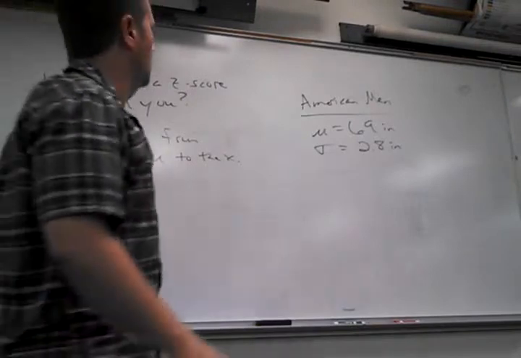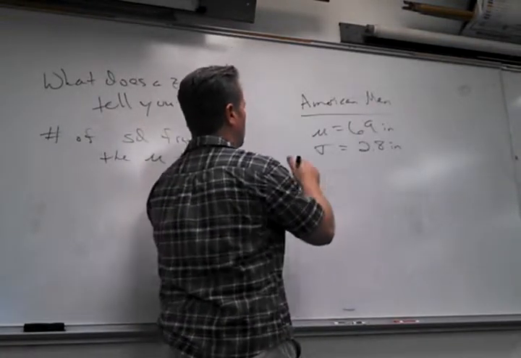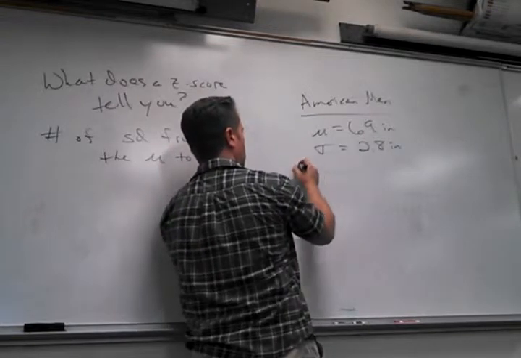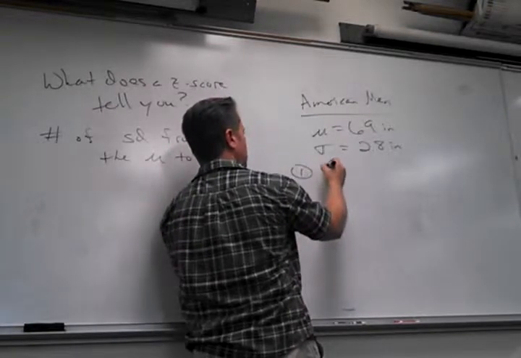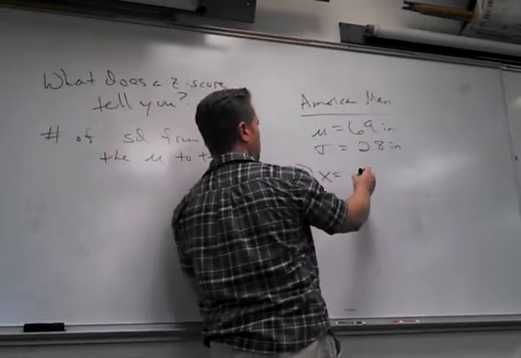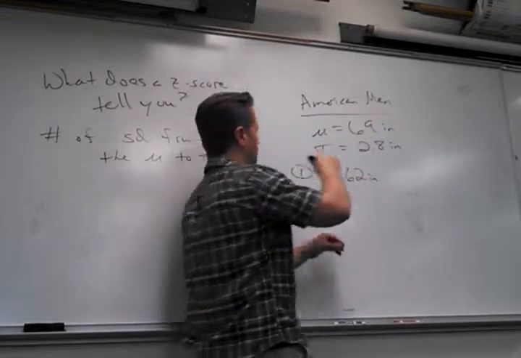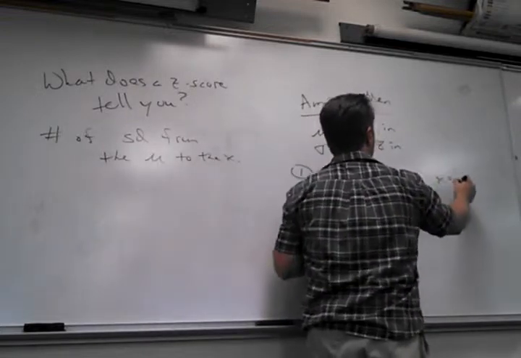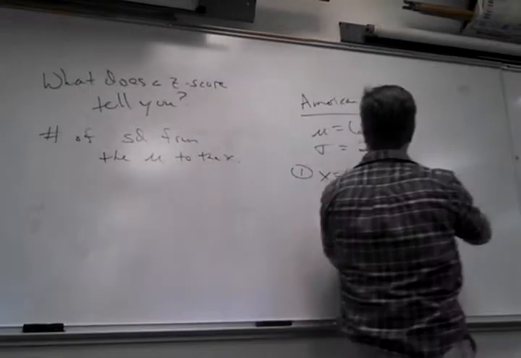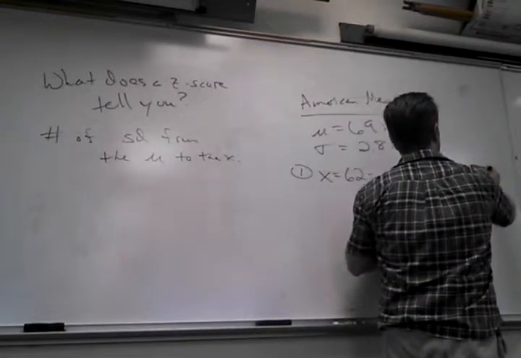So let me ask you this. Let me give you a couple of heights. Find the z-score for these. If I had some dude who was 62 inches tall, and if I had some dude that was, what you got, Jeff? 79 inches tall.